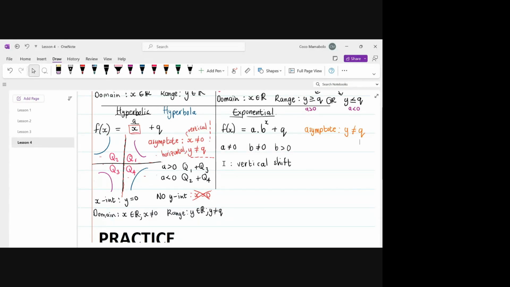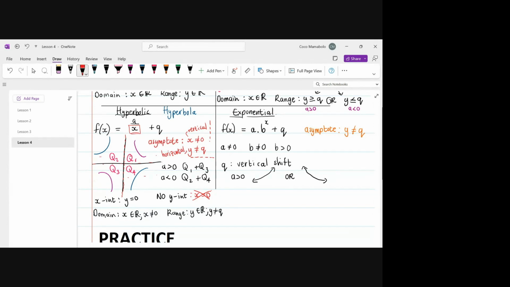Okay, let's talk about what a does, because a does a lot of things. If a is greater than 0, so if it's positive, then my graph will go up like that. It will increase, or it can also increase in that direction. Let's talk about when it increases in the different directions.